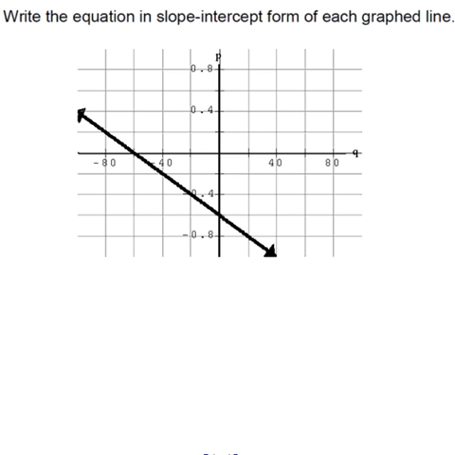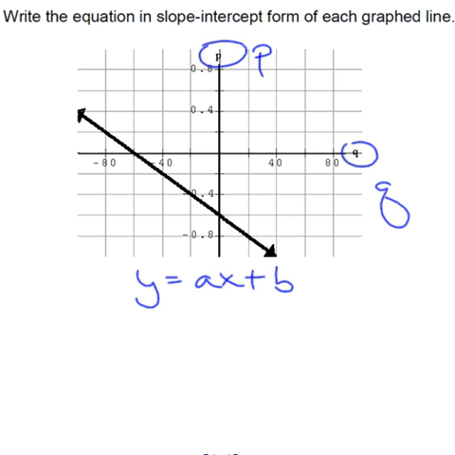So we know that our equation is going to be in the form of y equals ax plus b, but really we know that y is the dependent variable, x is the independent variable, and on here our dependent variable is p and our independent variable is q. So we're really going to be looking for p equals aq plus b.